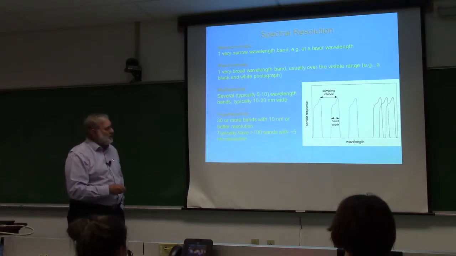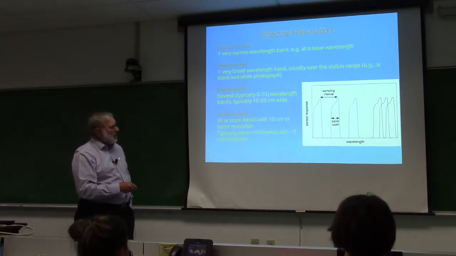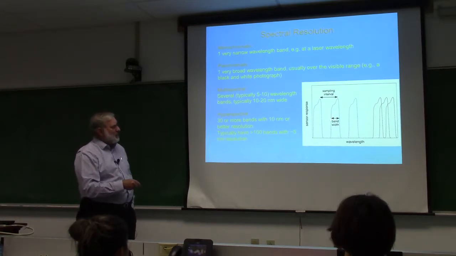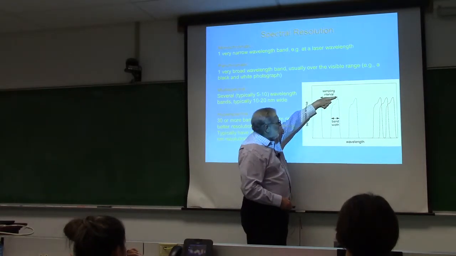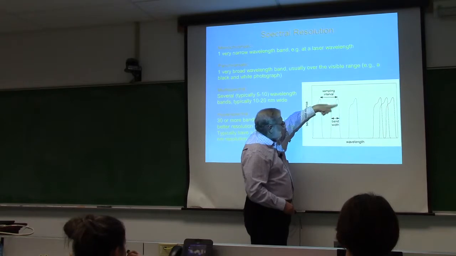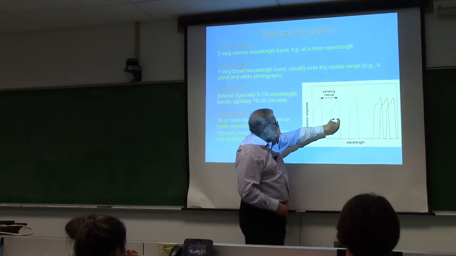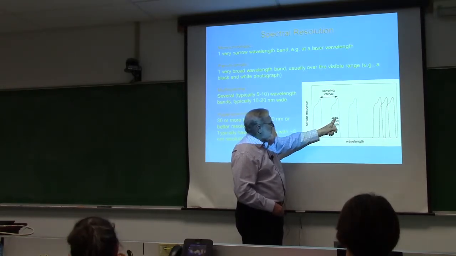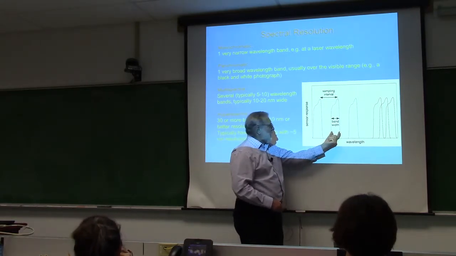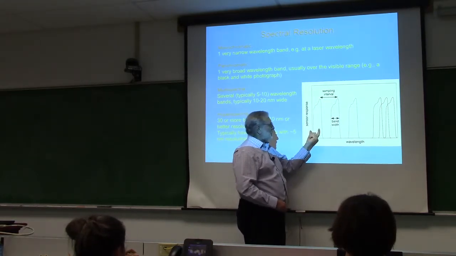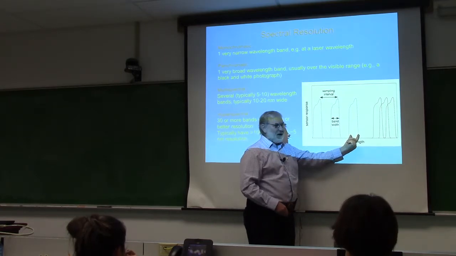The catch is for a multispectral sensor, you've got these bands here, and there's a band width, which you take at half the height, and whatever that width is, is the band width, and in the middle of that is the band center. So there's a band width, and then there's a sampling interval, which is how often these bands occur.